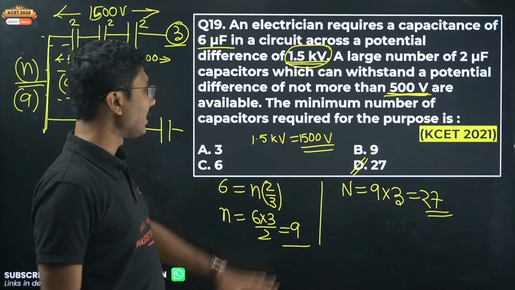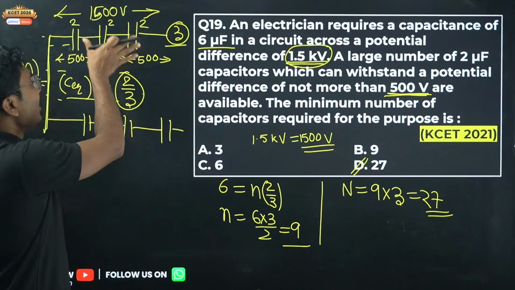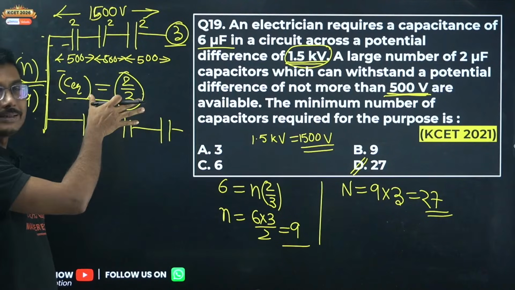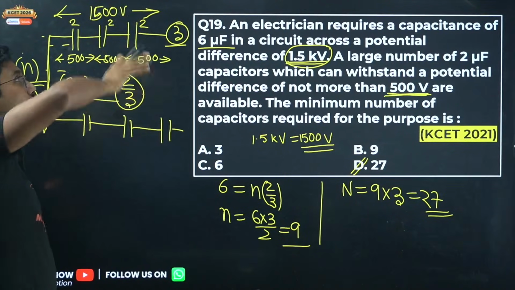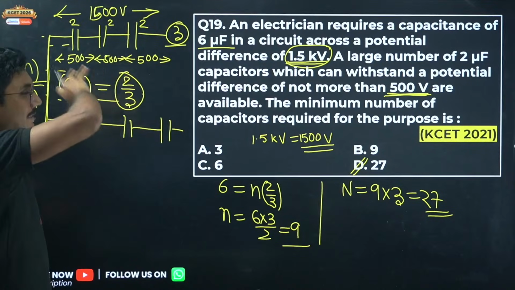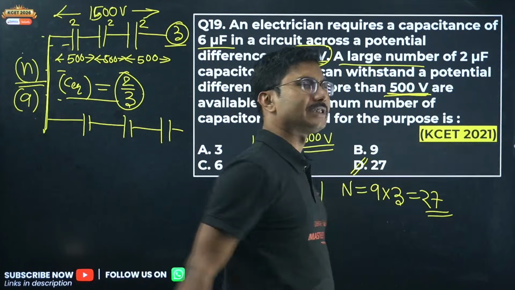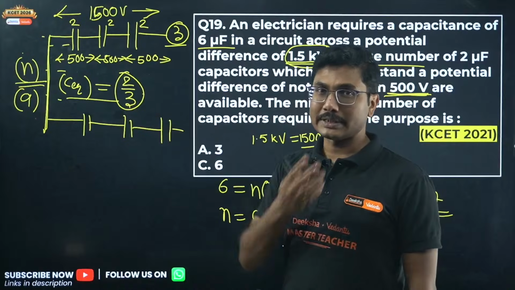Here you have to be careful that first of all, 3 capacitors are in series. Overall capacitance decreases but the voltage rating is matched. Once the voltage rating is matched, you take all such branches and connect them in parallel, because they have said a large number of capacitors are available. You don't need to worry about how many capacitors you need.